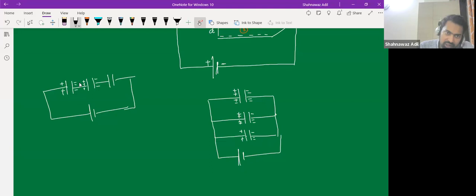The negative ones are connected to the positive ones. So in series, the alternate ones are connected. Similarly, when you study the current, when you connect all the positive terminals to the positive ones, that will be the parallel combination. This applies everywhere.